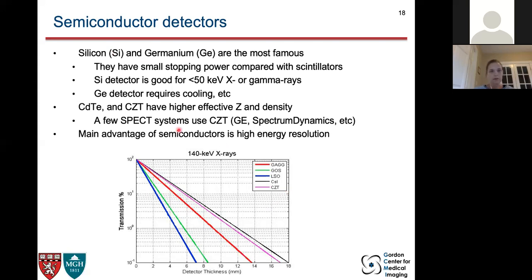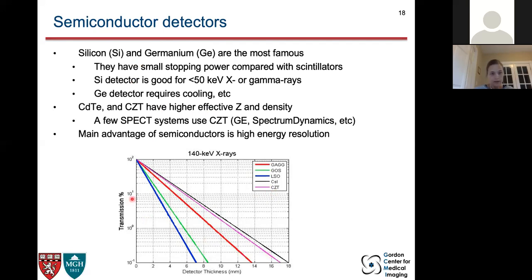So we can go on to cadmium telluride and cadmium zinc telluride, which have higher effective Z. So remember that these will have higher stopping power compared to these ones. So we can see CZT here in purple, compared to a number of, these are all scintillator detectors.